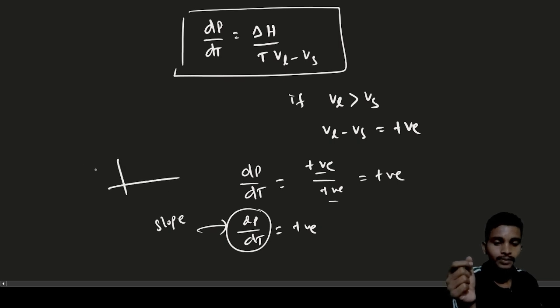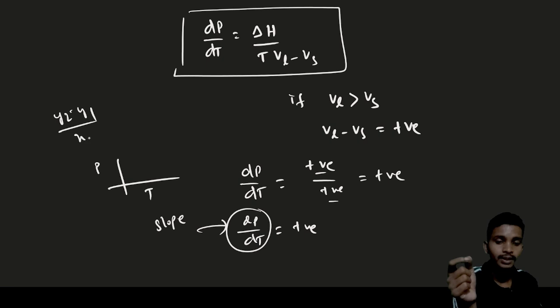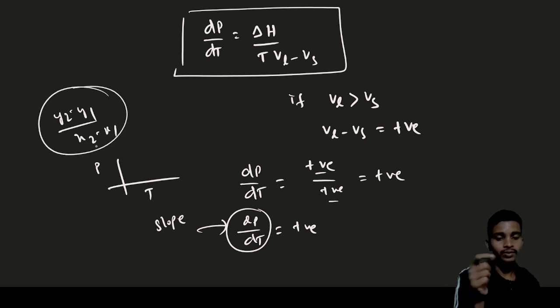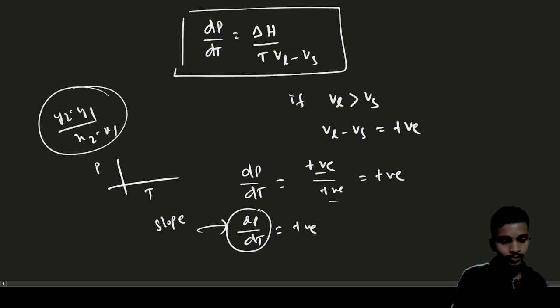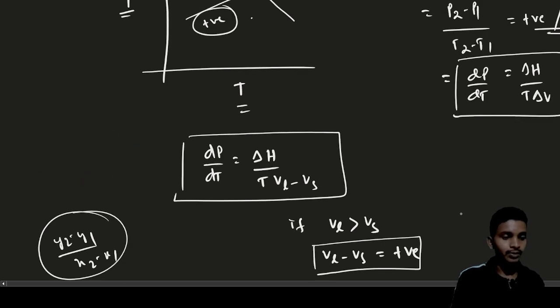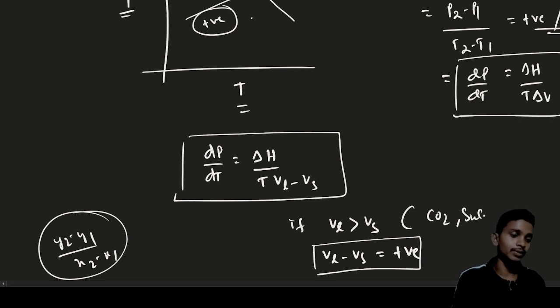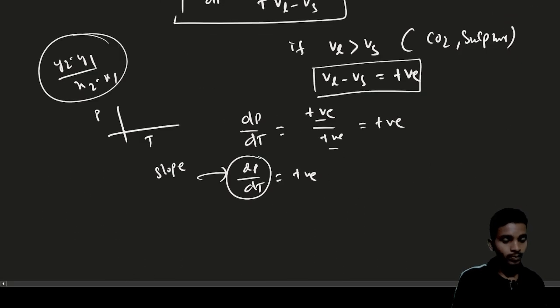Because we take this graph, pressure versus temperature, and the slope's value is y2 minus y1 divided by x2 minus x1. This is the slope. So if the volume of liquid is greater than the volume of solid, then this value is going to be positive, so this slope is positive. And examples of this are, let's say, carbon dioxide and sulfur. All of these give this slope as positive.